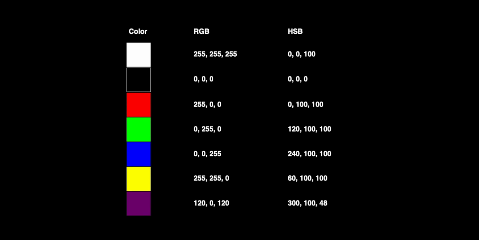And then you could also play around with brightness or saturation to get the right color tone that you're looking for. So the reason why it's better to use HSB for computational color is because we're dealing with degrees when it comes to the color wheel itself.